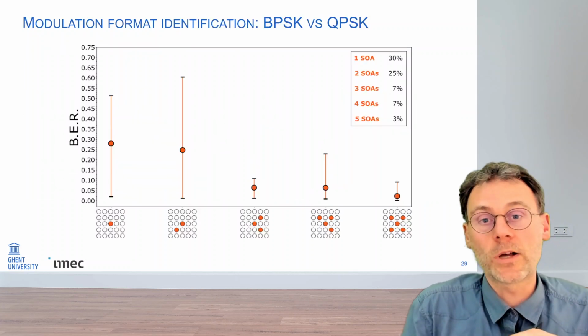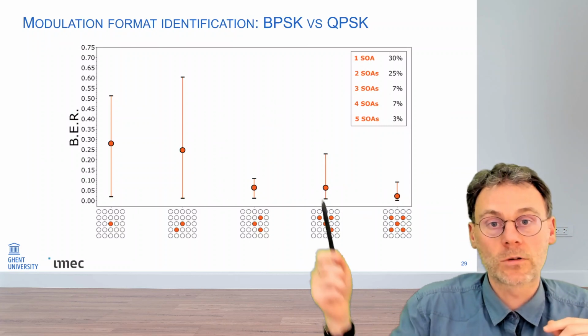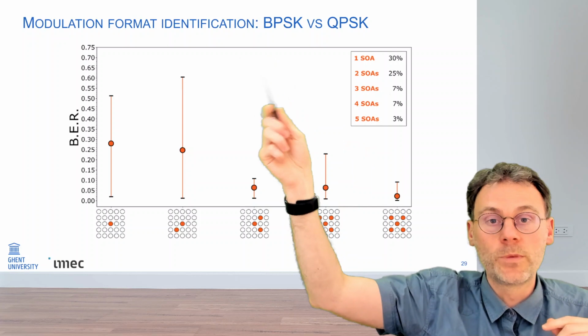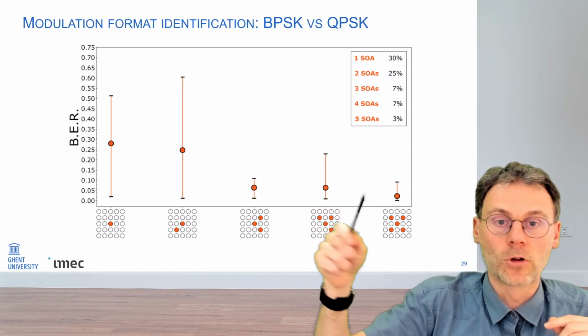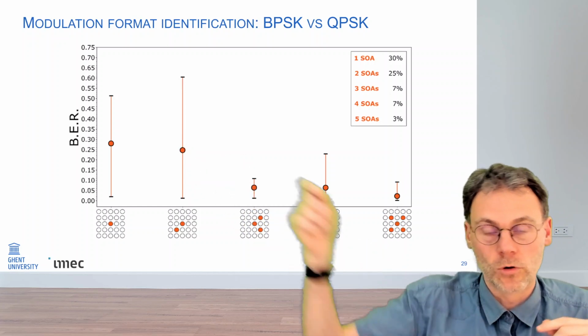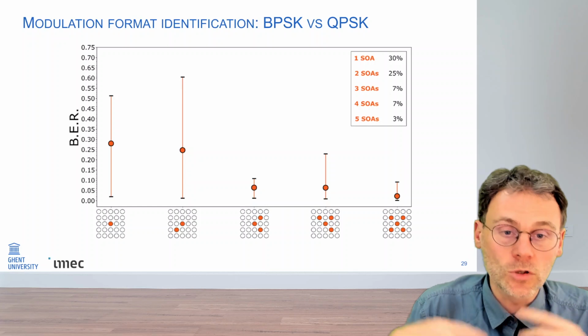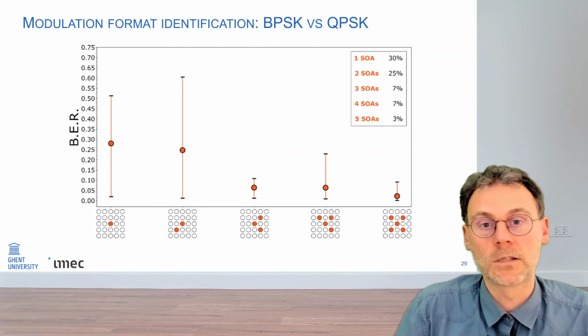We've also been training reservoirs to identify modulation formats, like trying to figure out if you have BPSK or QPSK on your link, and then depending on different architectures with different nonlinear components, you get either very good performance or not so good performance. This is just to illustrate that you can get many different types of applications in systems like these.